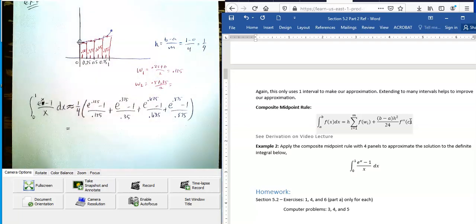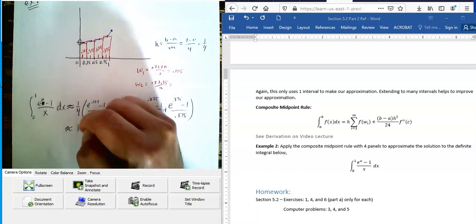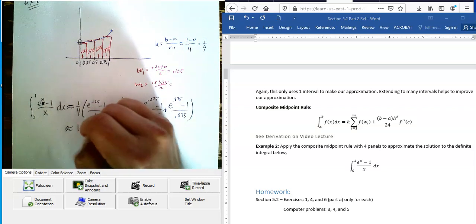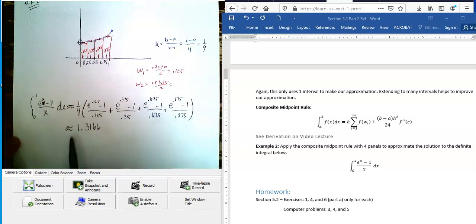Of course, this is an approximation, which equals approximately 1.3166. So here is the approximate solution to our integral.